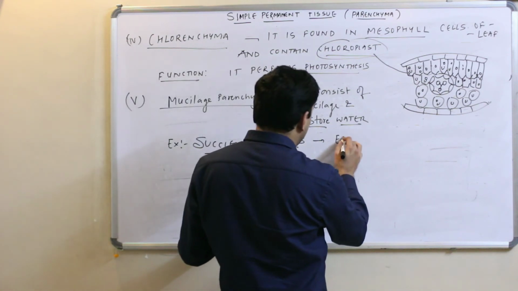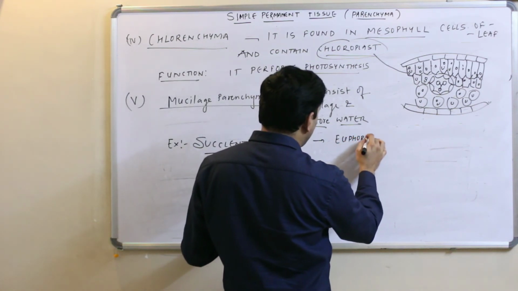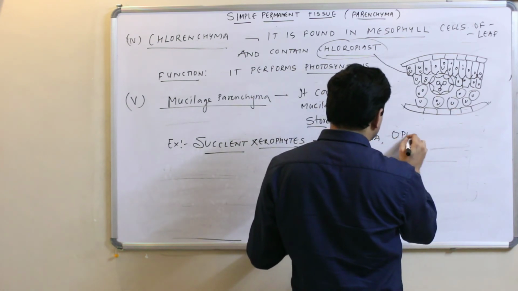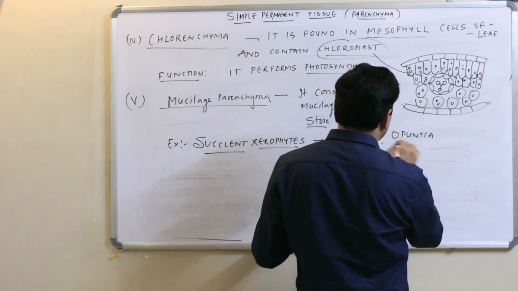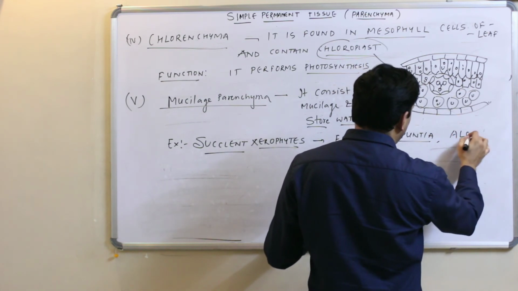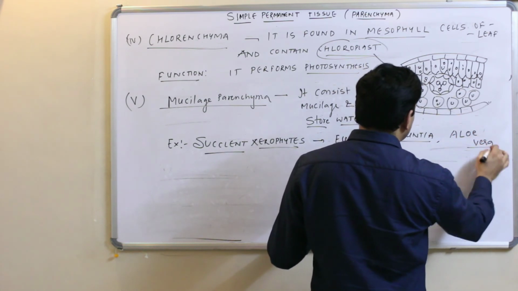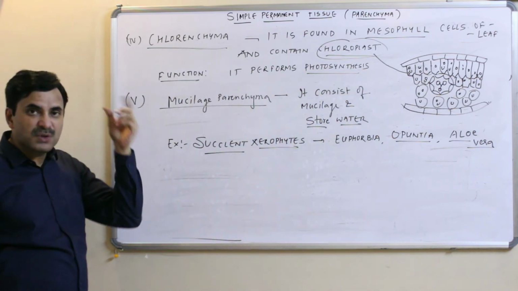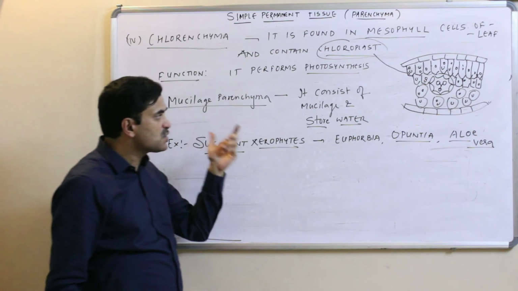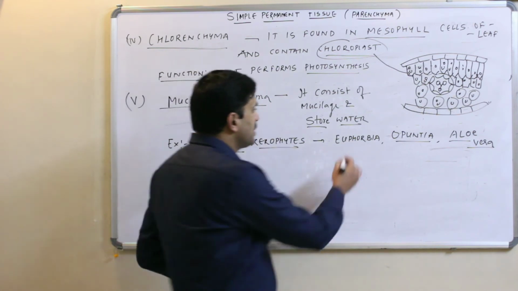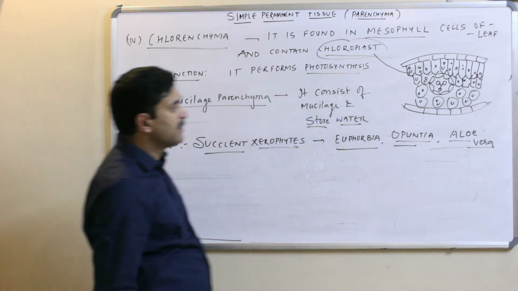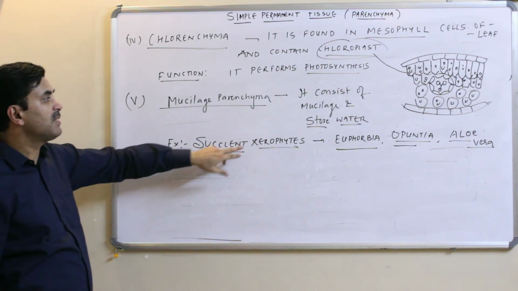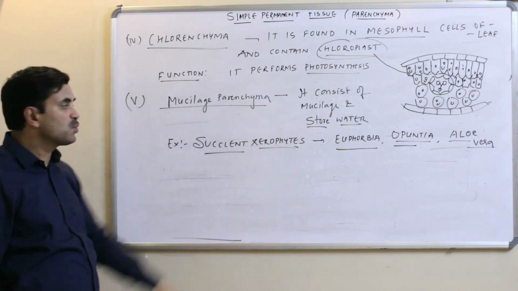Say for, you can call it as euphorbia, opuntia, aloe vera, right? If you see these plants, then they consist of mucilage and store water. That's why they are succulent, spongy xerophytes. Why? Because they store water.